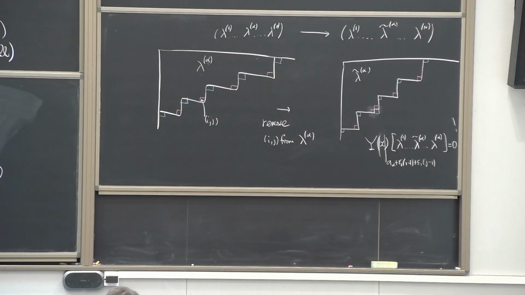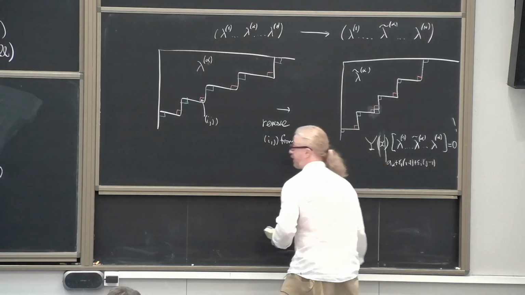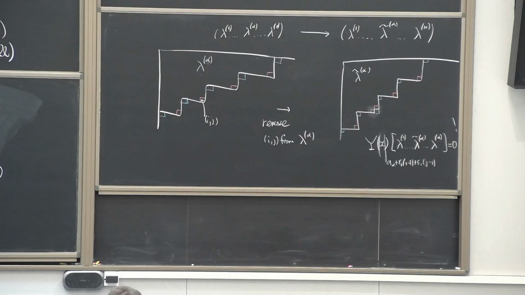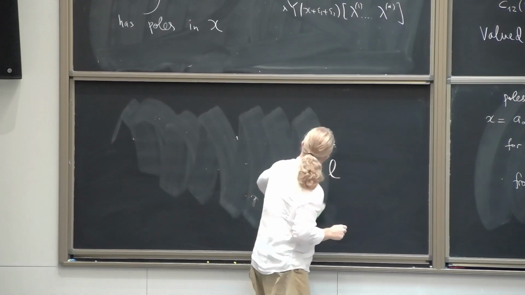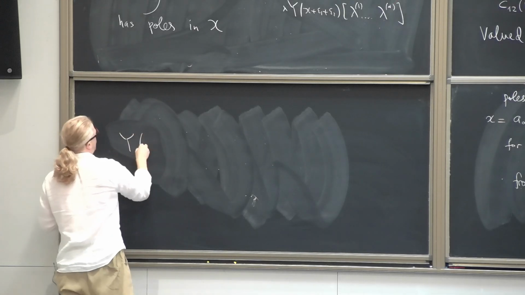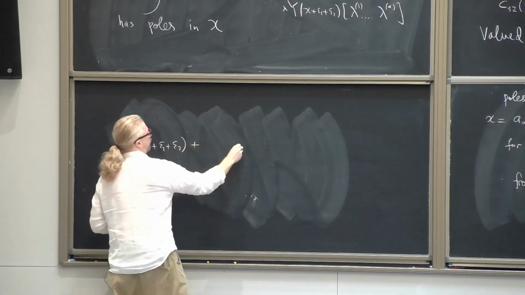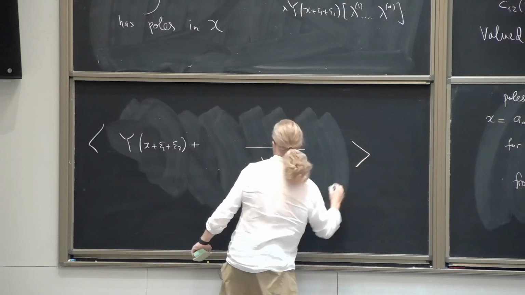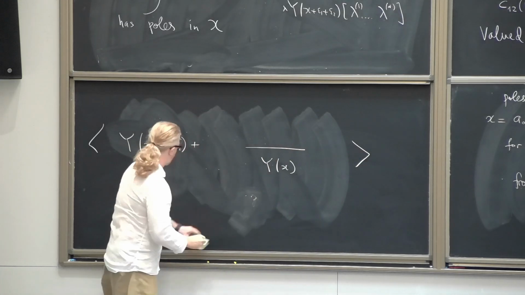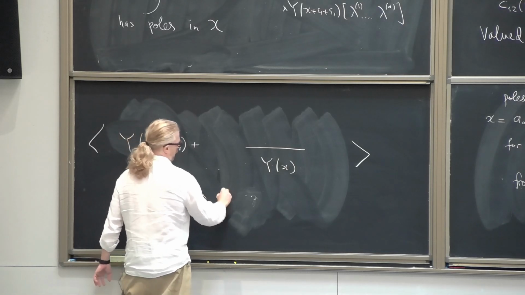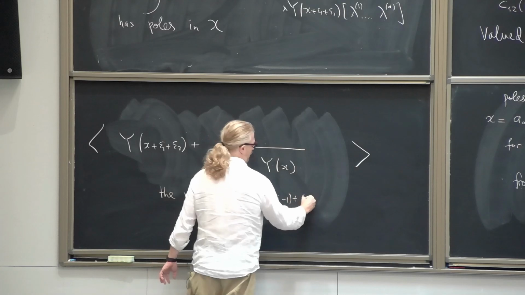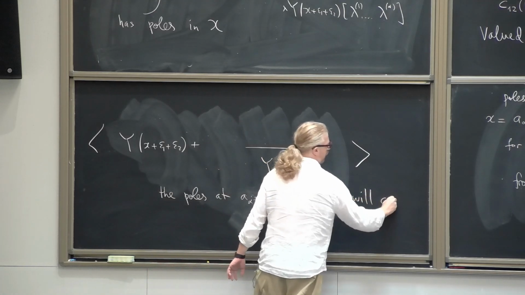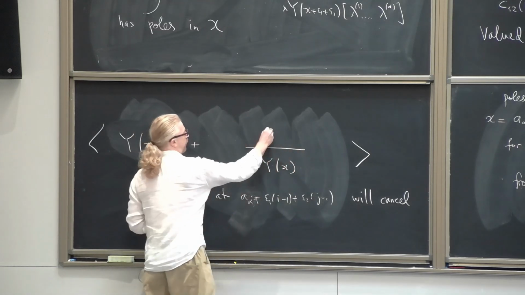So there is a chance that if I add to this observable something proportional to the inverse of y, then maybe the pole will cancel if we adjust the numerator properly.